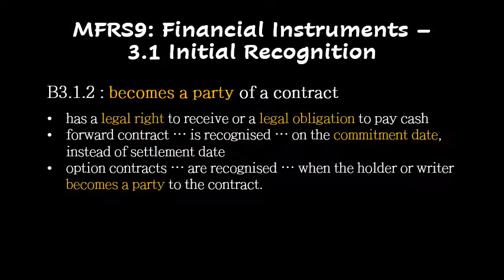Another instrument is an option contract. Like its name, it is an option to you. You may exercise the option or just ignore it when the time comes. For example, you purchase an option to give you the right to purchase a share at RM1.50 each, say in 6 months' time.